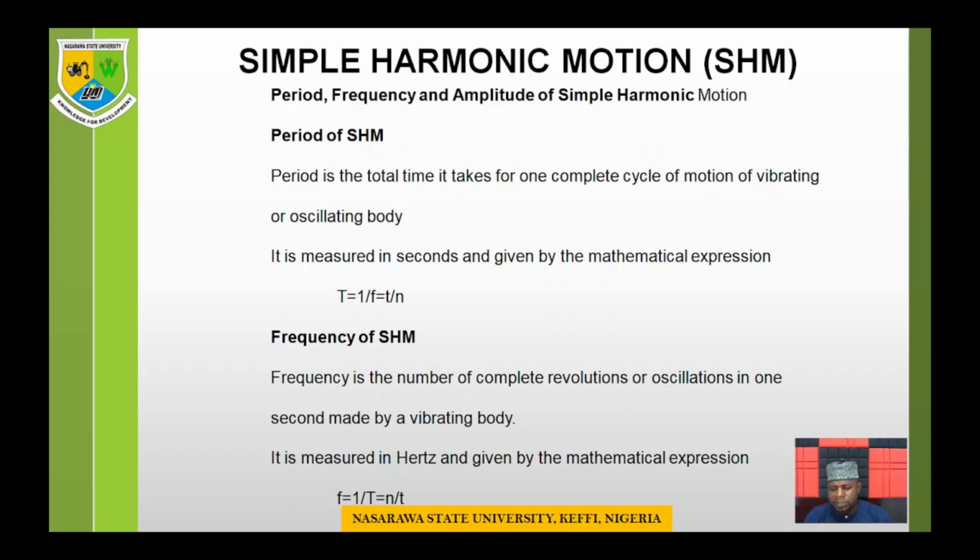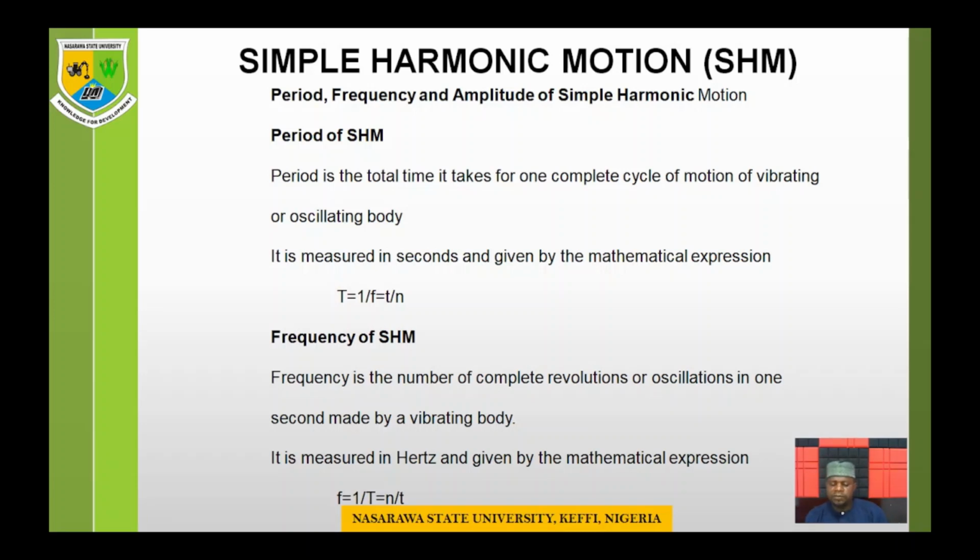Whatever it gives you is the time taken for 20 oscillations. So to get the time for one complete oscillation, you divide that time by the number of oscillations. That is why we have capital T equal to t over n. Lowercase t is the time taken for a particular number of oscillations, while n is the number of oscillations.